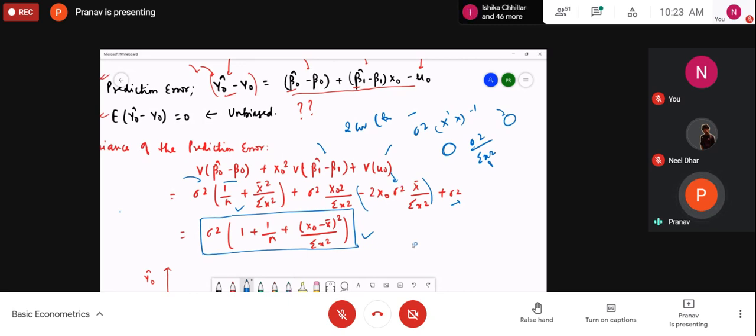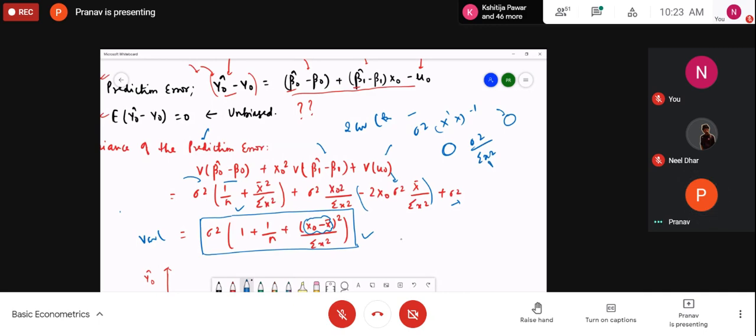Now here is a very, very important point that you have to understand. The variance of the prediction error actually depends on this difference.